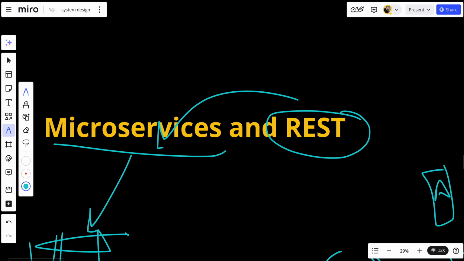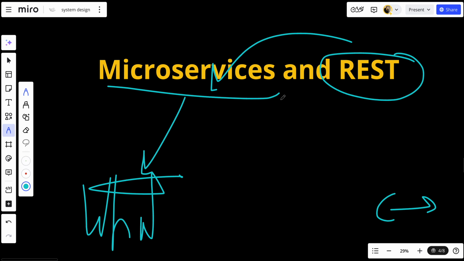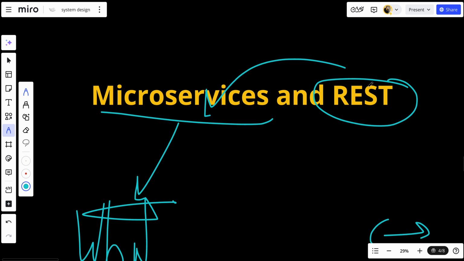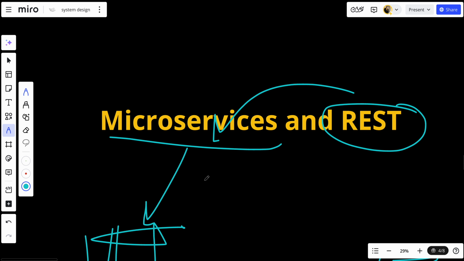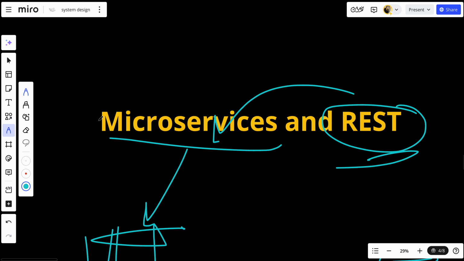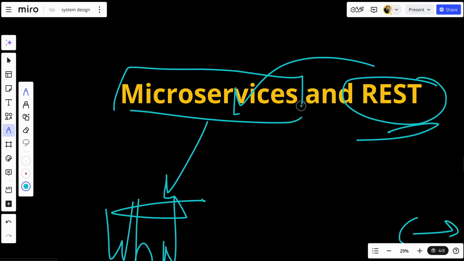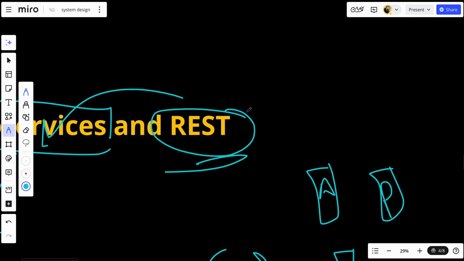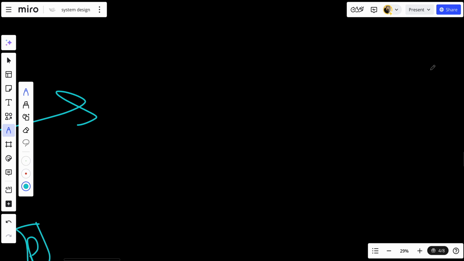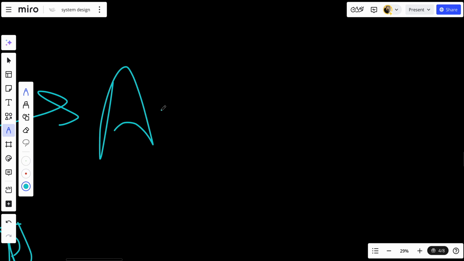Number four, let's talk about the advantages of using REST. We know now the role of REST in the microservices architecture. Let's talk about the advantages, what we get from that. One of the biggest advantages of using REST in microservices is platform independence.